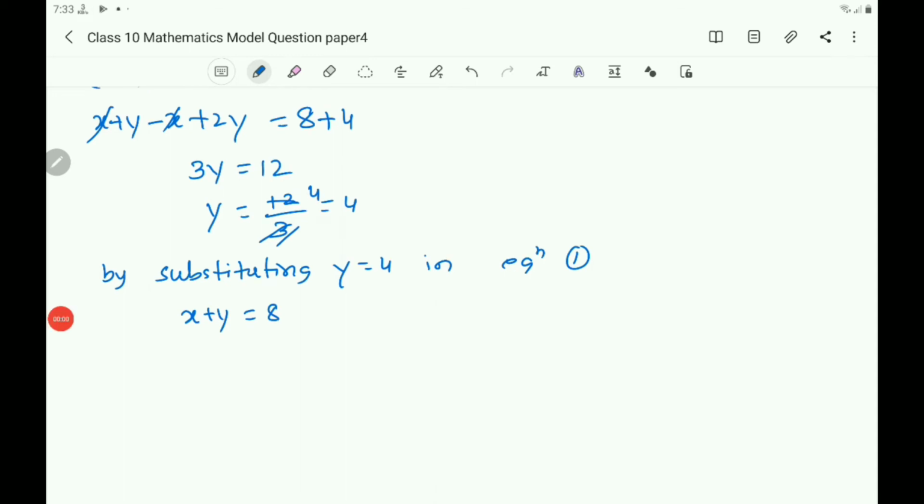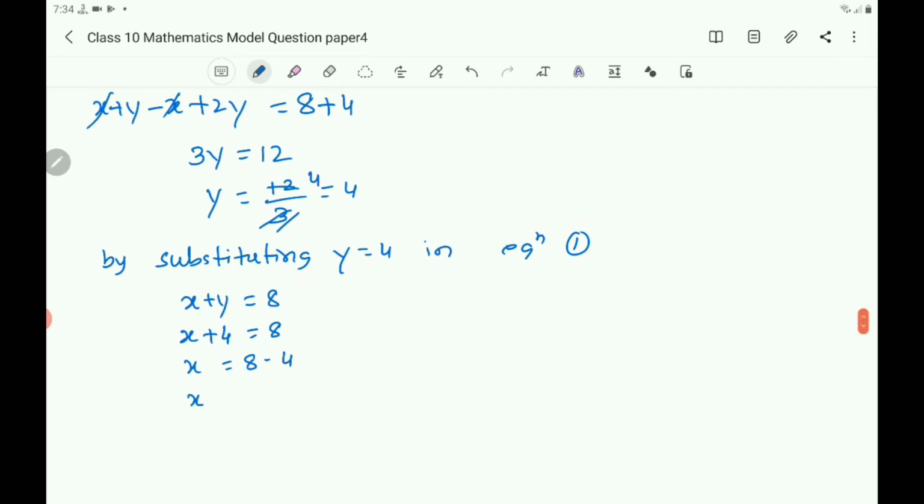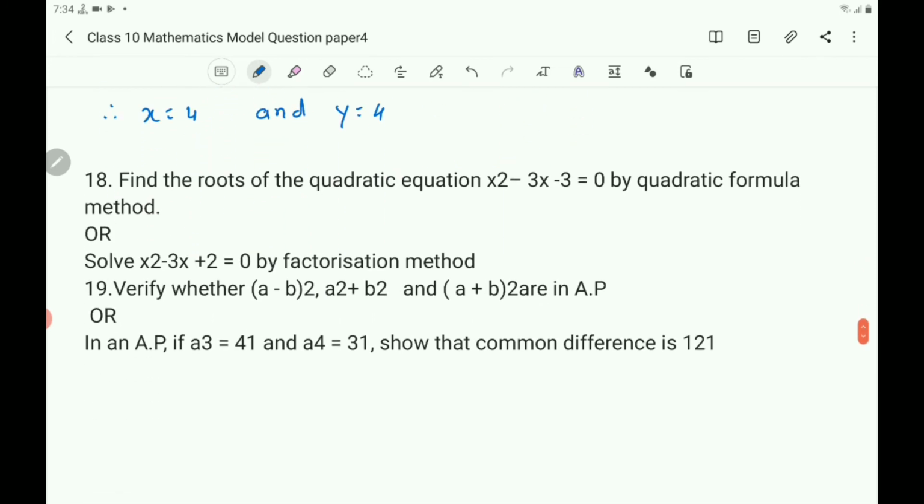So x plus 4 equals 8, x equals 8 minus 4, that is x equals 4. Therefore x equals 4 and y equals 4.